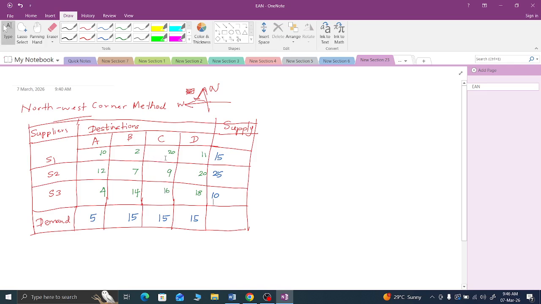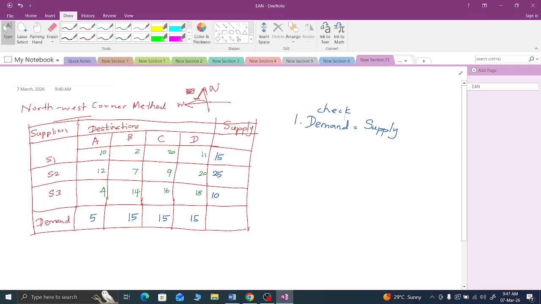So what you have to do is, first we have to do this part. We have to check whether total demand is equal to total supply, right? You have to check this one.